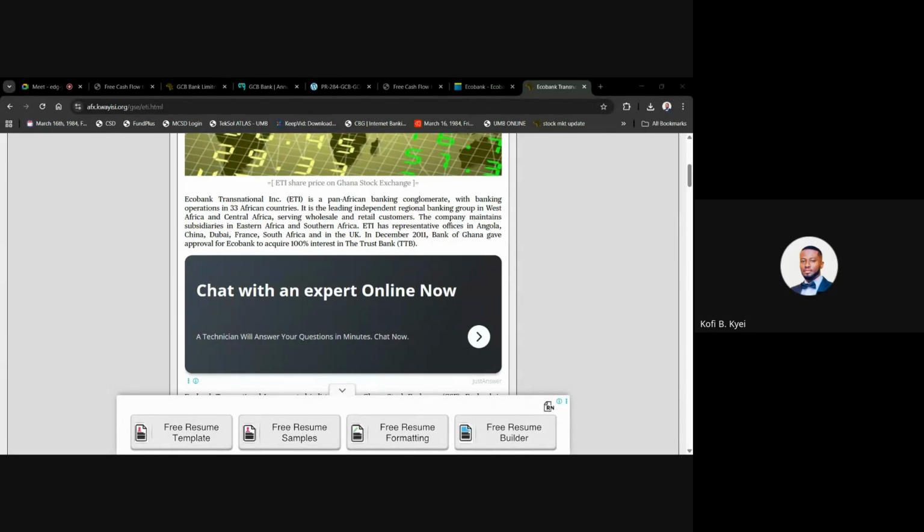Yes, it's possible that EcoBank South Africa or EcoBank somewhere are not performing so well. Those dynamics haven't really gone into the financials of ETI.